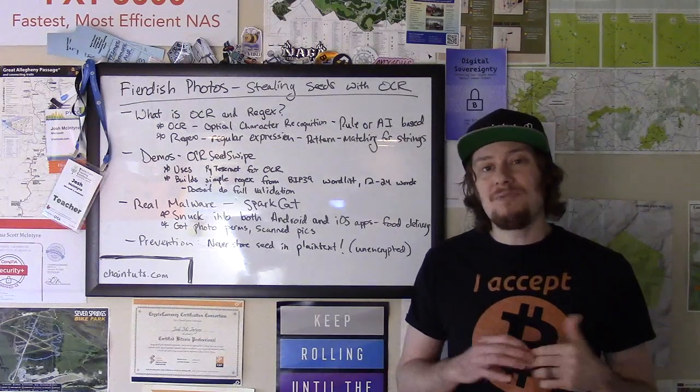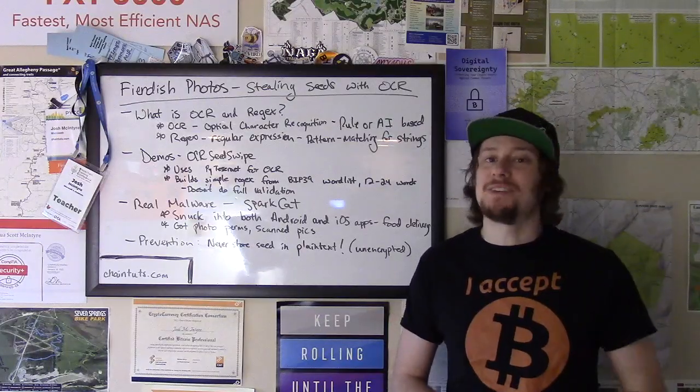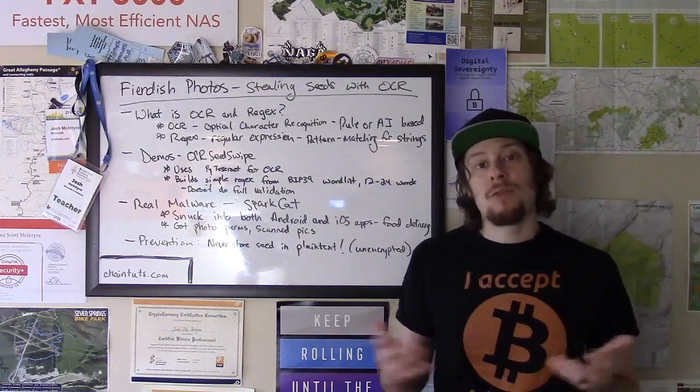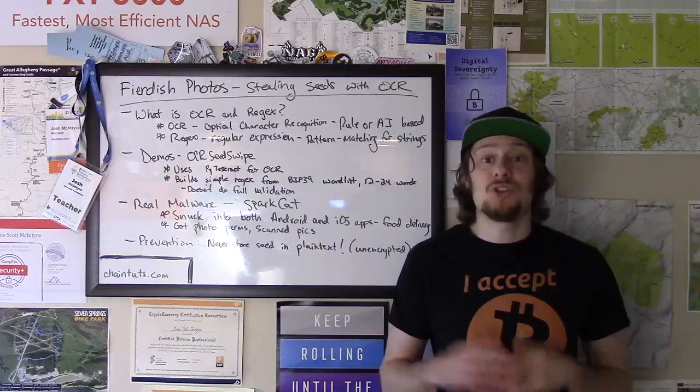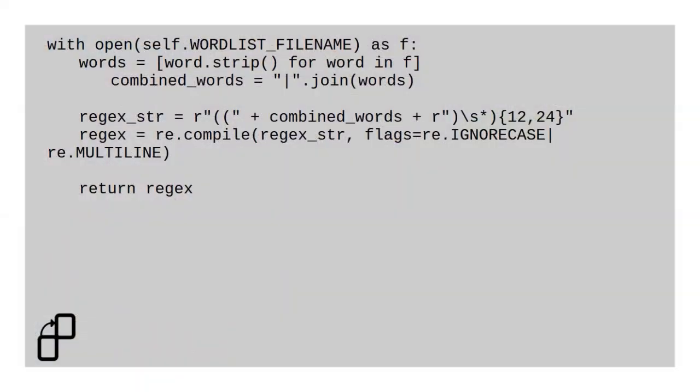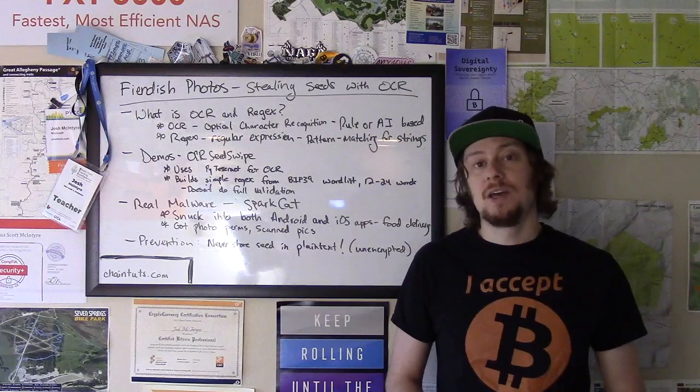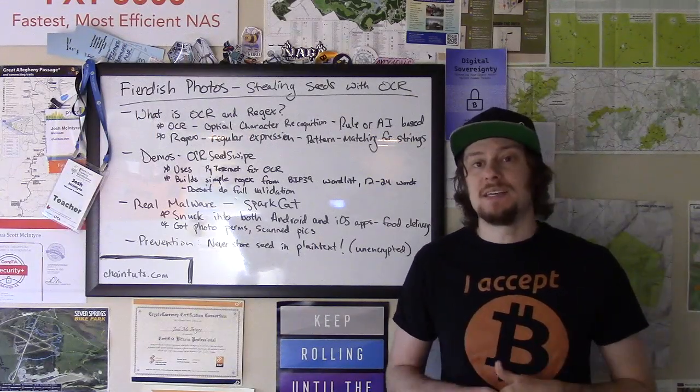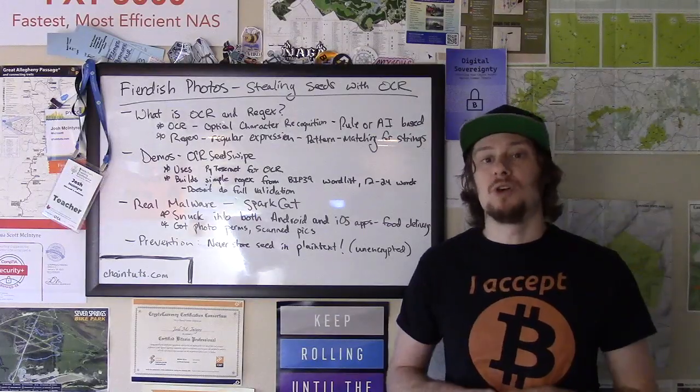So once we have our text, the next part of this attack is examining whether or not the text matches the pattern of a cryptocurrency seed phrase. In this case, I'm using a very simple method to generate this regular expression. I'm simply building a regex from the BIP39 word list, which is a 2048 word list of possible phrases that can be put into a crypto seed.